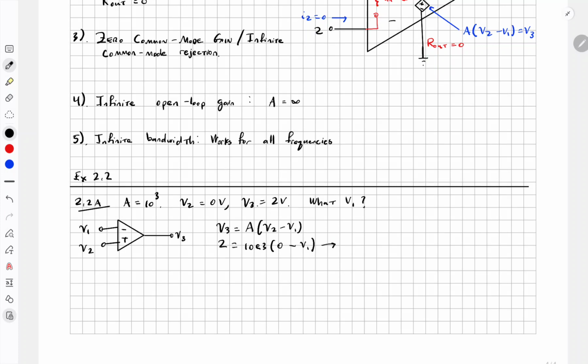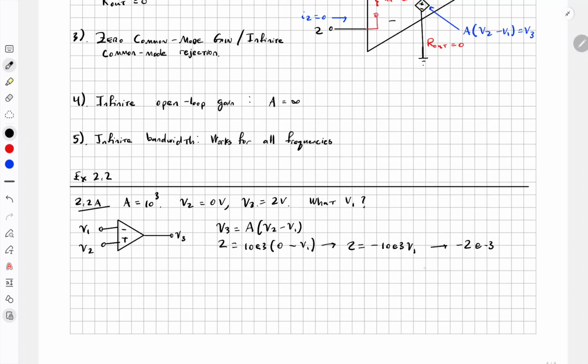Okay. So 2 is equal to negative 10,000 V1, right? And 2 divided by negative 10,000 is equal to negative 2 times 10 to the negative 3.